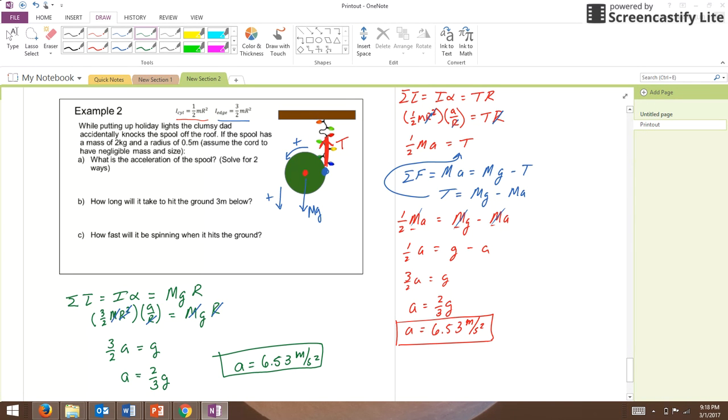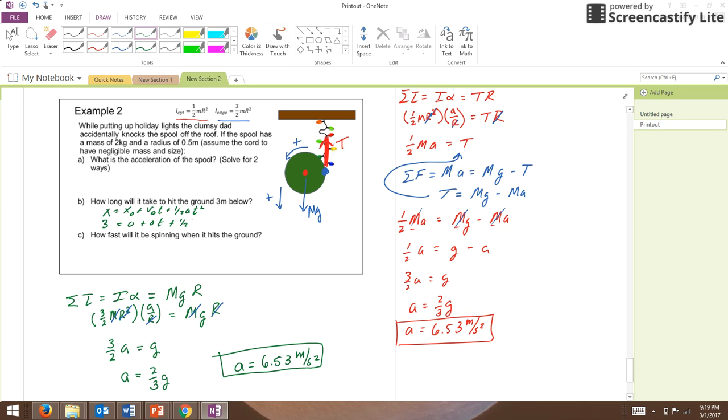If we look at B, it is going to be fairly straightforward in terms of just using the kinematic equations. So how long does it take to hit the ground? They fall 3 meters. The initial velocity is 0.